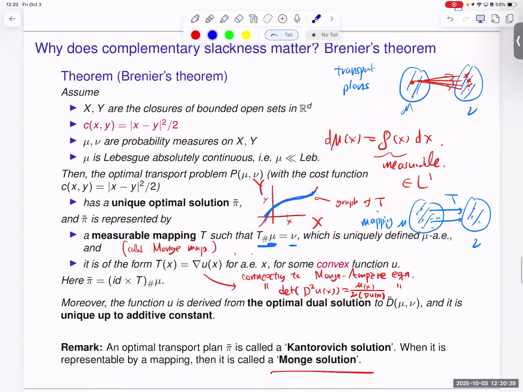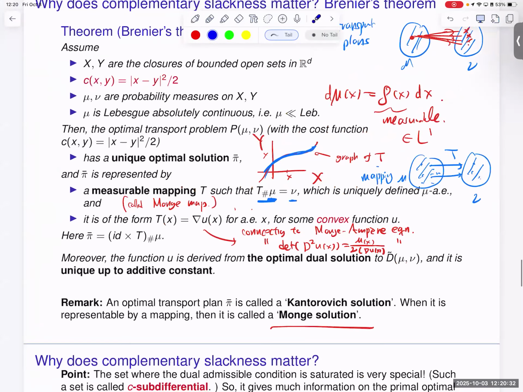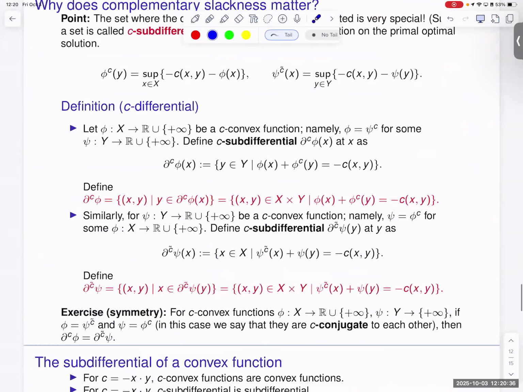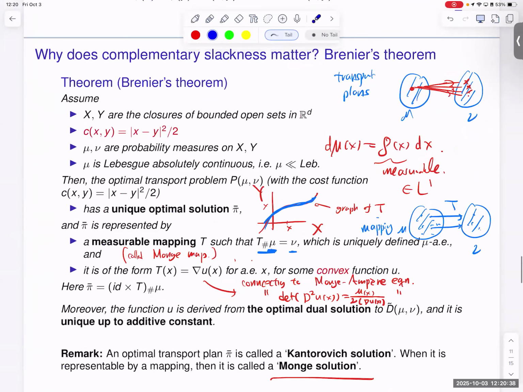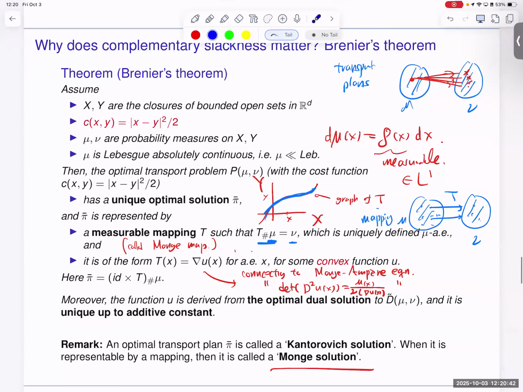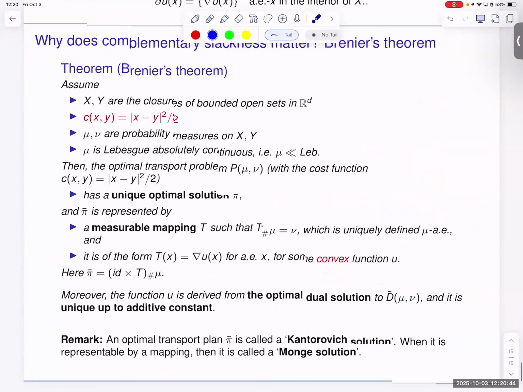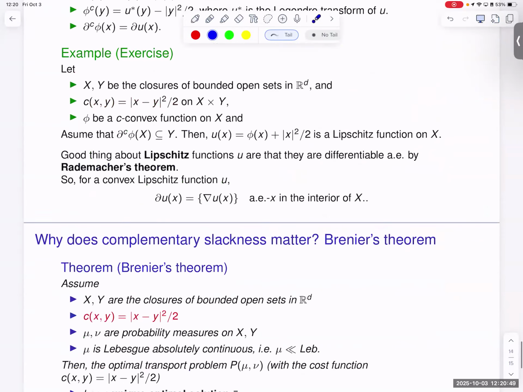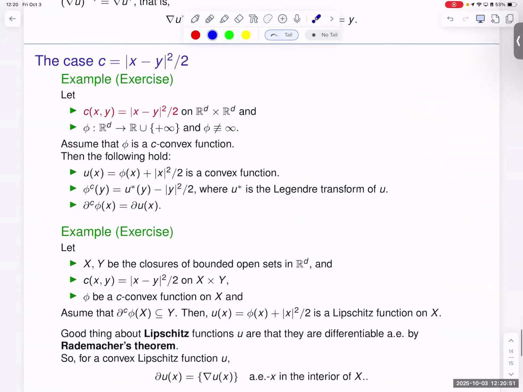And I don't think I have any more time to discuss why complementary slackness gives this Brenier theorem. If you want, you can read the remaining pages, but maybe it doesn't necessarily explain it.